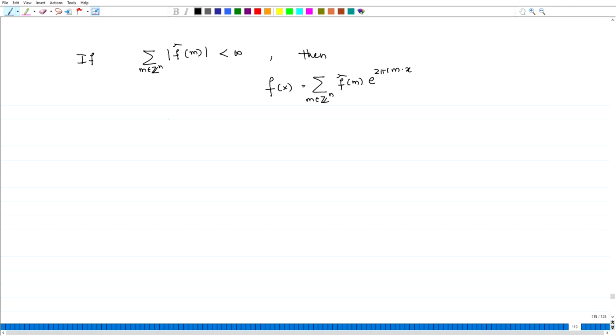And also for continuous functions, one can get that the integral of mod f squared dx is going to be the sum of f hat of m squared. This is nothing but the Plancherel rule. So we will have the parallel one and also the Parseval identity.